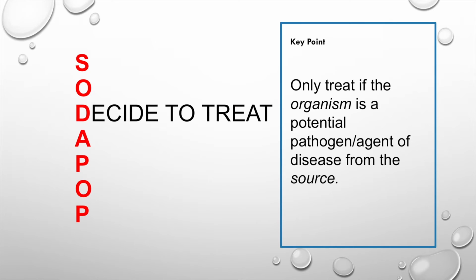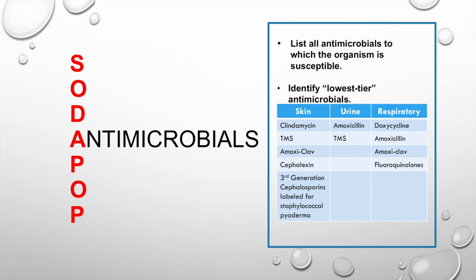Next, you will decide whether or not to treat your patient based on the organism and source information you have gathered. You should only treat if the organism is a potential pathogen or agent of disease from the source of the specimen that you submitted. Next, list all of the antimicrobials to which the organism that you've decided to treat is susceptible.